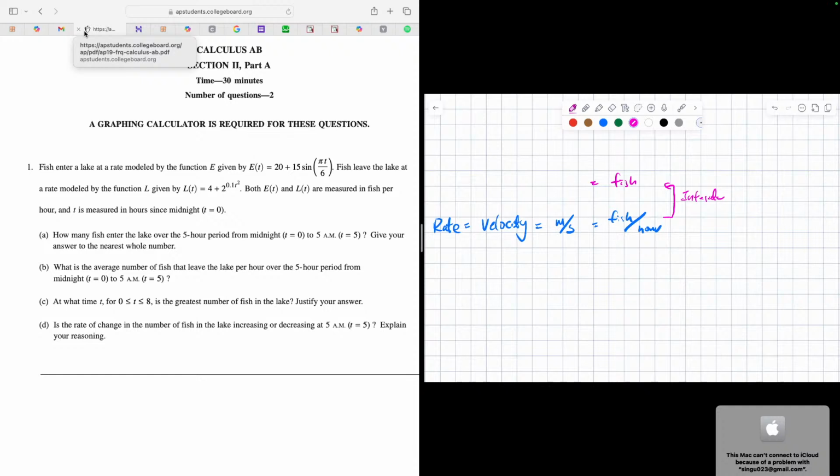Fish. Right, it's fish, but what's the integration of meter per second? Meters, because that's how much distance is changing, right? And that's equal to the position. Is that okay?